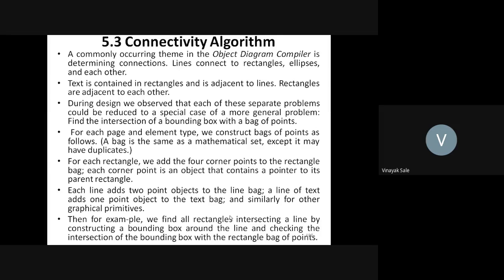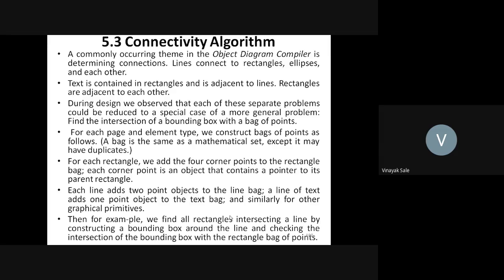For each page and element type, we construct a bag of points as follows. A bag is the same as a mathematical set, except it may have duplicates. So for each rectangle, we add 4 corner points to the rectangle bag, and each corner point is an object that contains a pointer to its parent rectangle. Each line adds a new point object to the line bag.